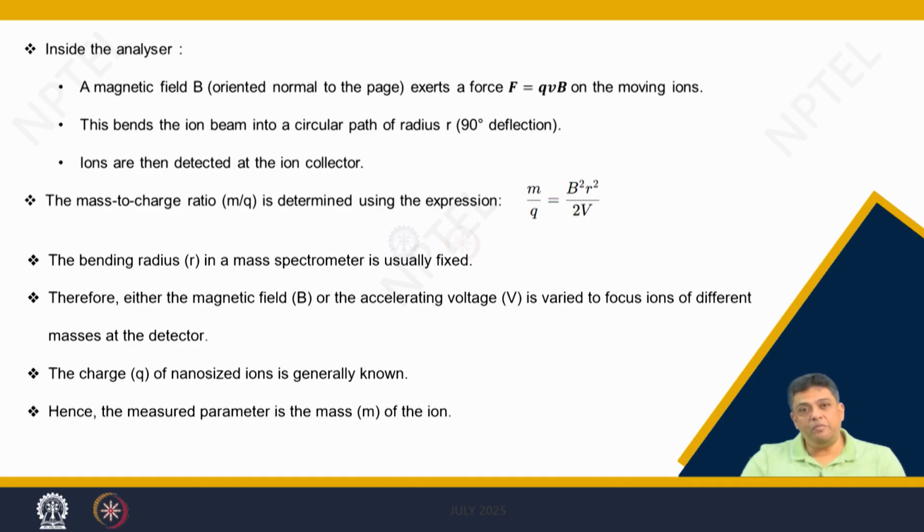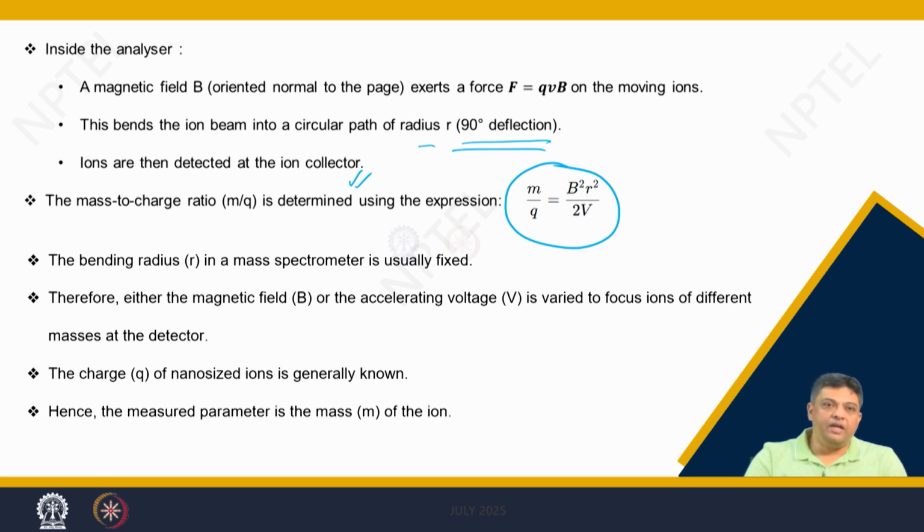This will bend the beam into a circular path of radius R, that is 90 degrees deflection, and these ions are then detected at the ion collector, and the m by Q ratio can be determined using the relation given here.